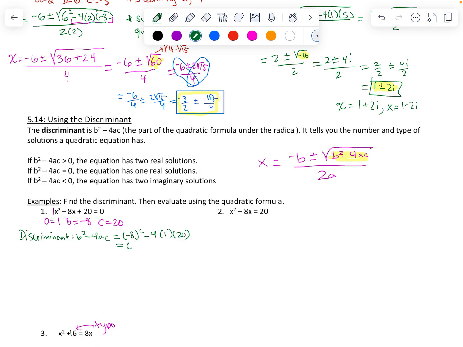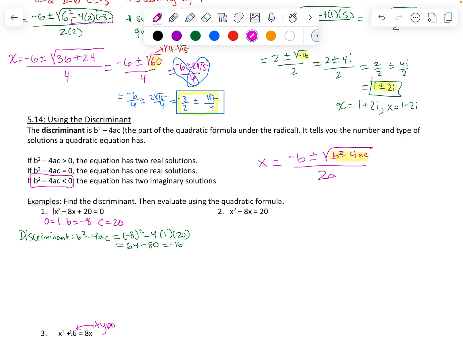Negative 8 squared is 64. 4 times 20 is 80. I end up getting negative 16 for my discriminant. So this tells me that I am going to have two imaginary solutions. If you look at the third one, b squared minus 4ac is less than 0, meaning it is negative, so I have two imaginary solutions.